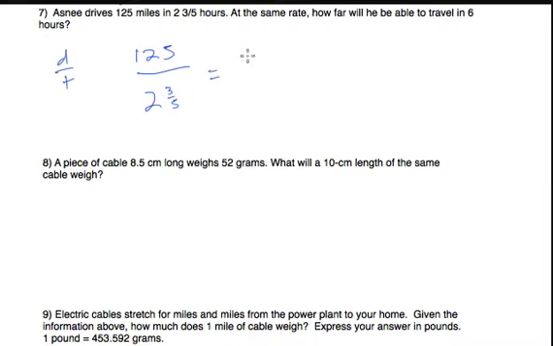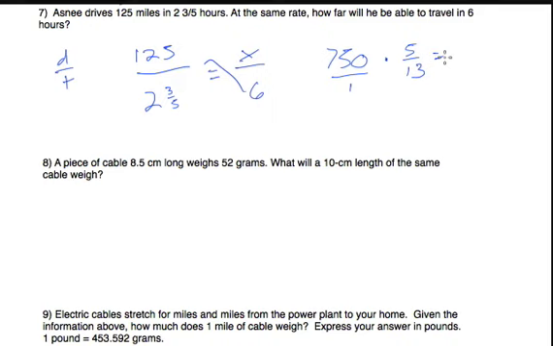How many miles will he travel in 6 hours? Ta-da! 6 times 125 is 750. And then 750 divided by 13 over 5, which would be times 5 over 13, and 750 is 750 over 1.